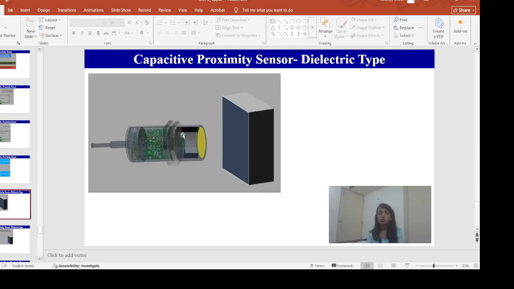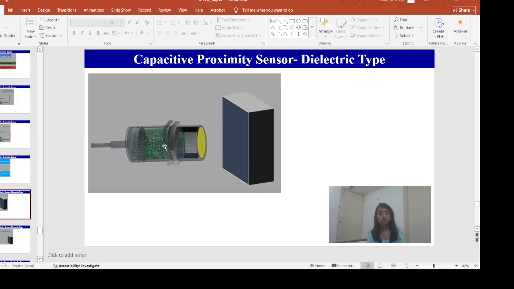These two parallel plates are connected to an oscillator circuit, which basically generates a high frequency electrical signal. So as the capacitance increases, the oscillation amplitude will increase.